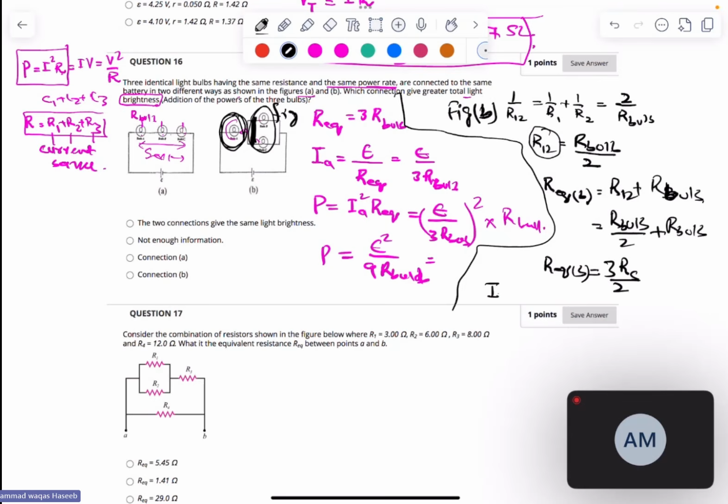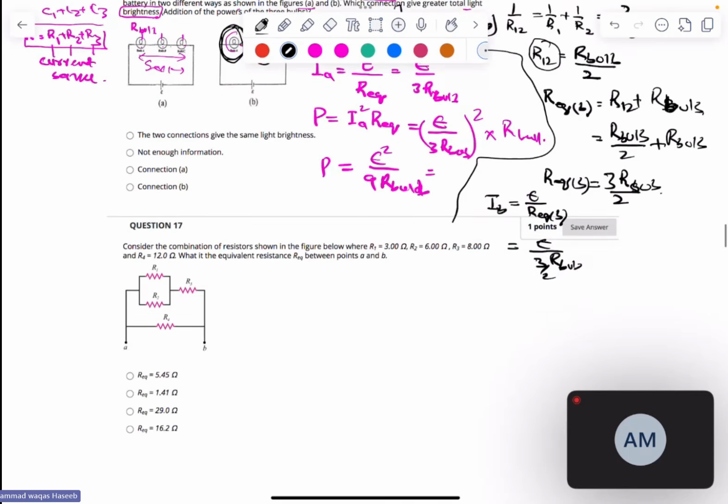So what is the current in the circuit B? It is E over R equivalent B, which is nothing but E over 3 by 2 R bulb. So the current in the B circuit is 2 epsilon over 3 R bulb.